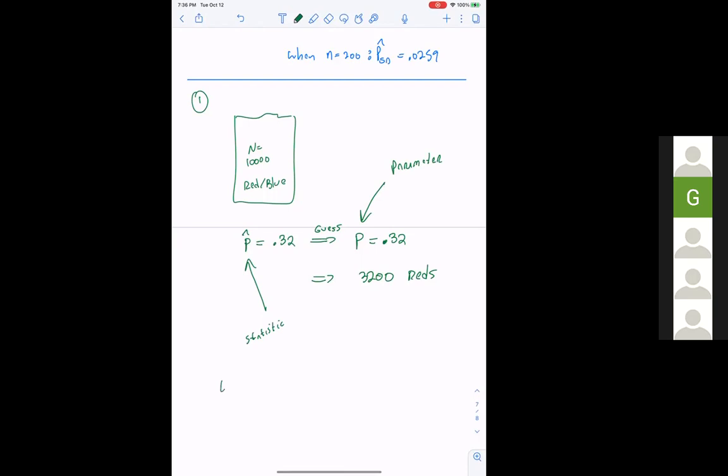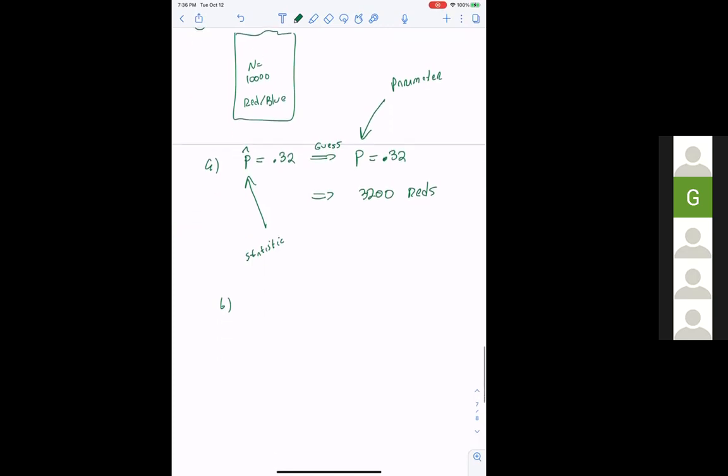Now B. Before a person purchases a sample of chips, the jar is twisted, turned, and shaken many times. Why is this important? It ensures randomness.